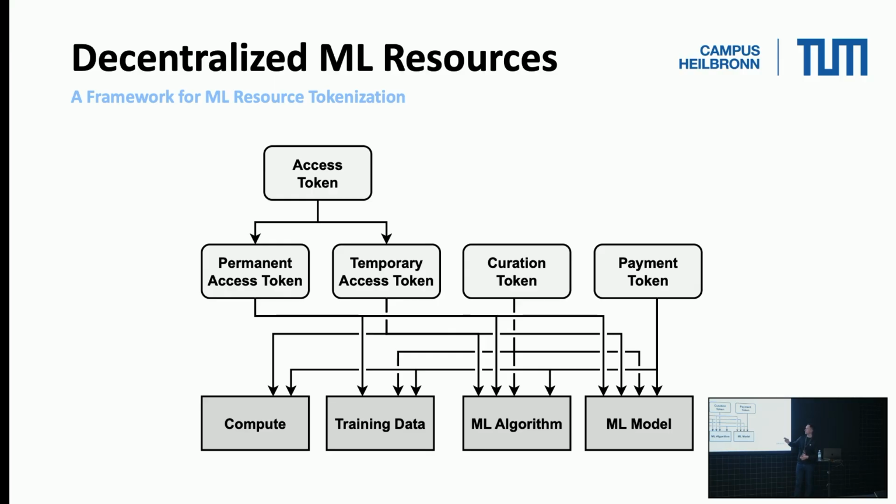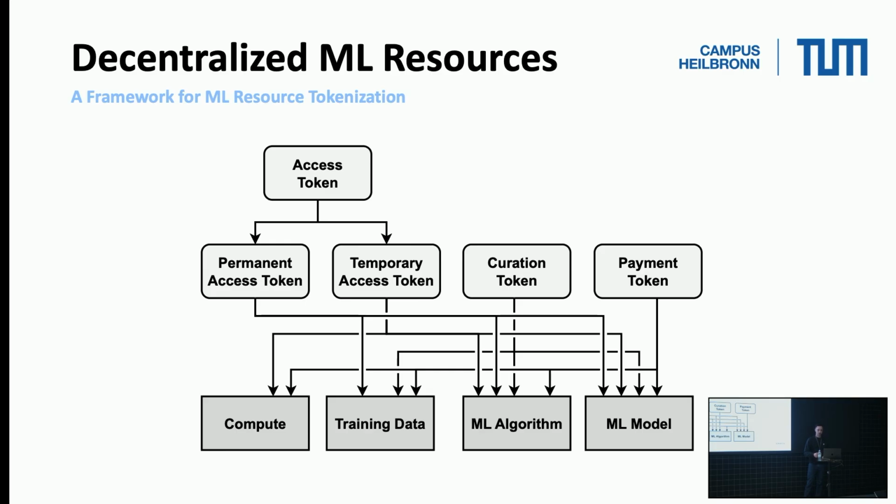The same also applies for curation tokens. You can use them to signal the quality of training data, ML algorithms and ML models, but it's really difficult to signal the quality of compute. So this is the framework and the mapping we built for representing ML resources with different tokens.